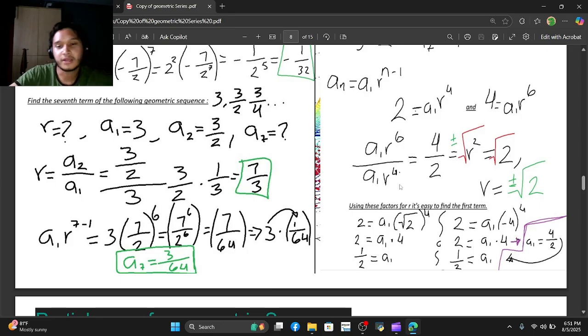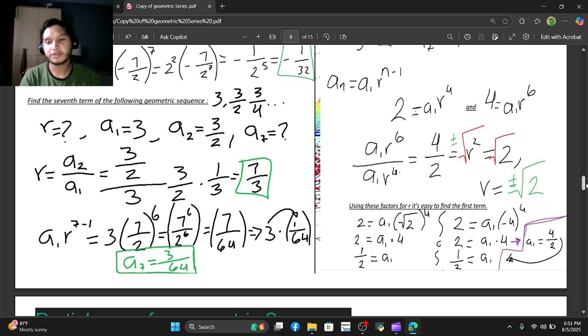This is another thing: if we divide two exponents, in logarithms, I'm sorry, that was the word, if we have a division in logarithm, we just simply subtract. So this is equal to 4, this is equal to 2. So this 4 over 2, r is plus or minus the square root of 2.